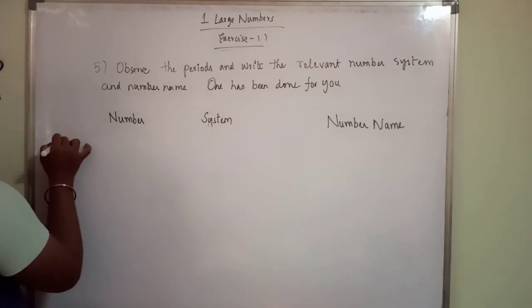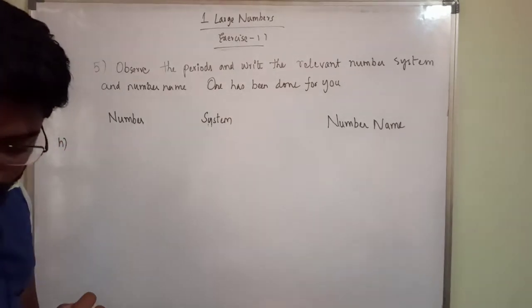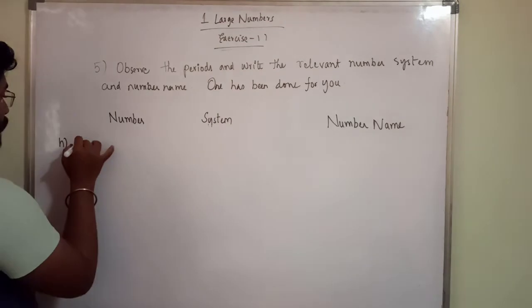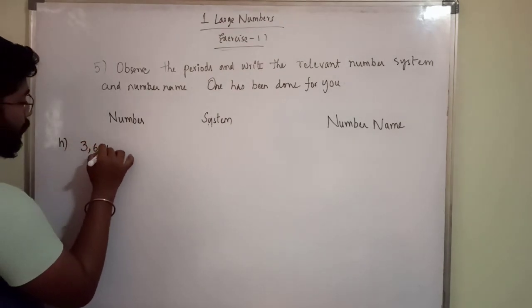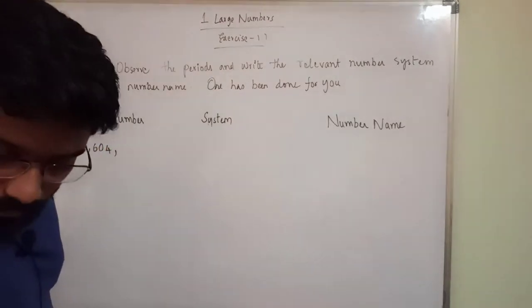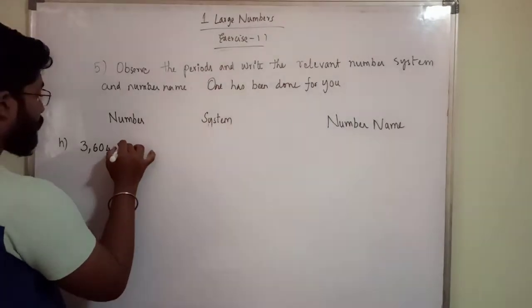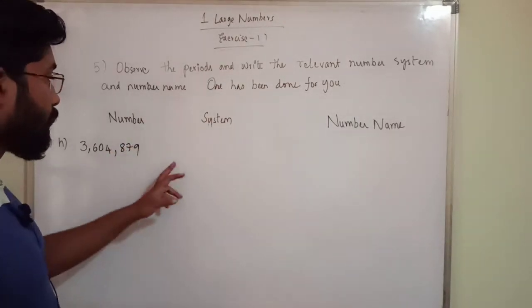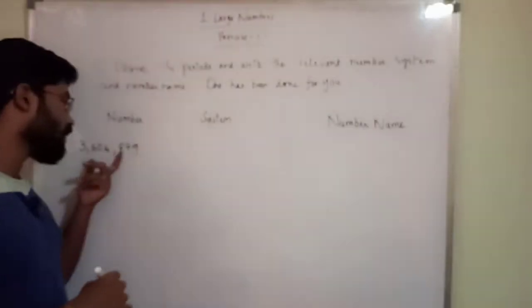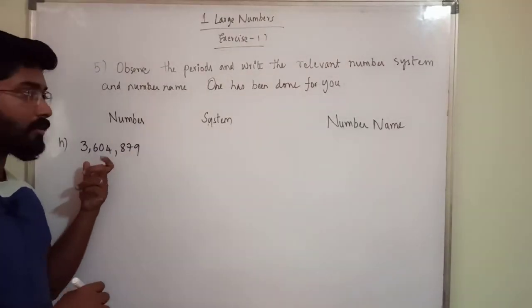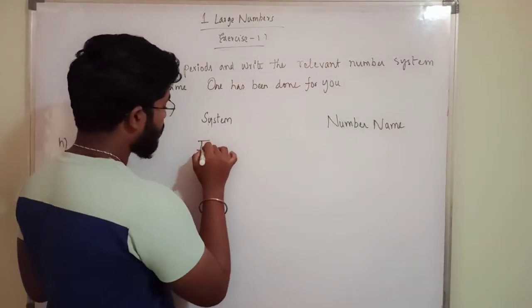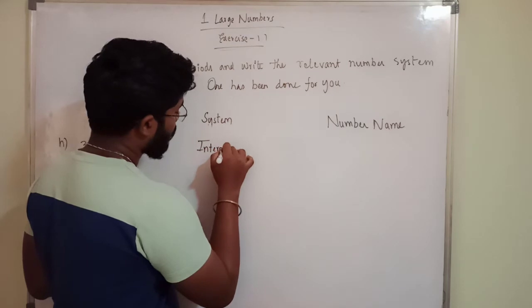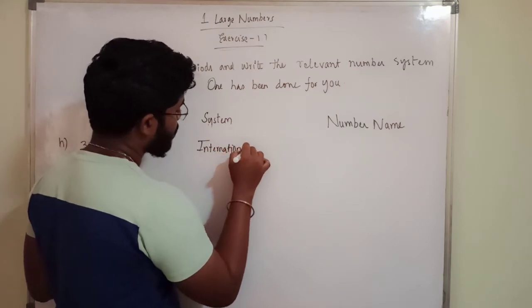H. H is 3,604,879. So what is the system? Here in each period you are having 3 place values. So this is the international system. Okay.